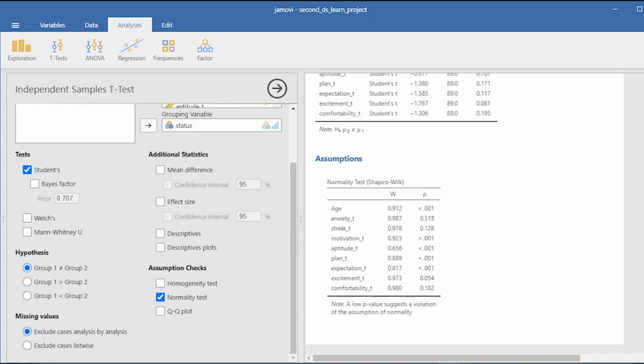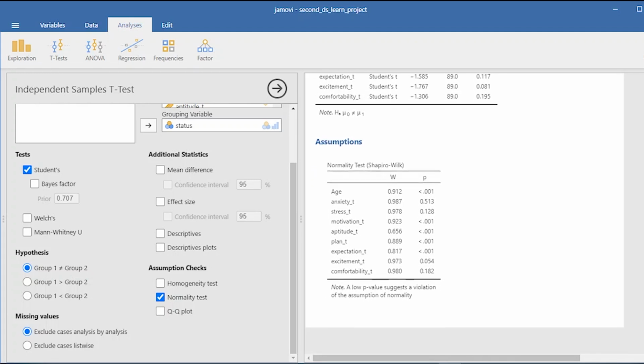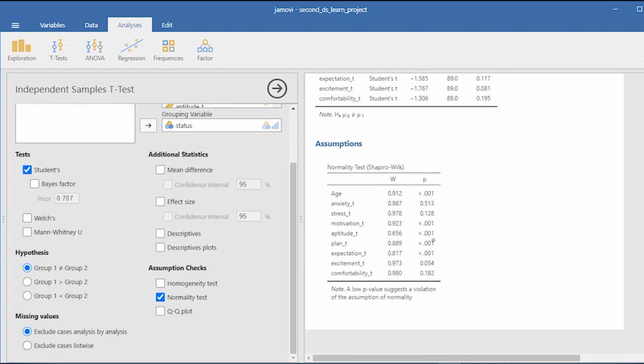And we saw that anxiety and stress are not significant. That is good. The normality is met for anxiety and stress. Motivation, aptitude, plan, expectation, all of those are not normally distributed, so the t-test won't be so intuitive. The excitement is very close to being not normal, but I might still consider it normal perhaps.